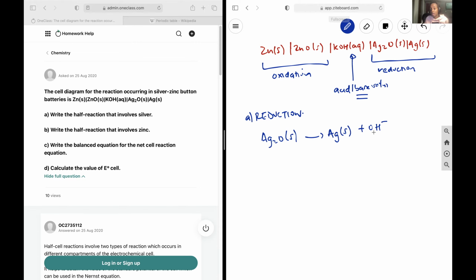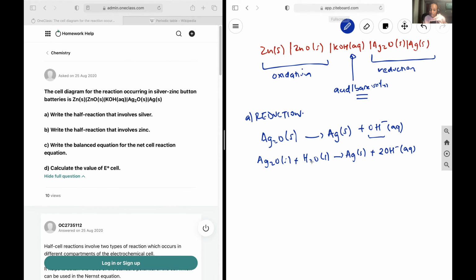Next up, we'd like to balance our hydrogens. And so we see that we have one H here, but no H on the other side. And so we'd add H2O. And then we're going to multiply this by 2 because here we have 2 in the H2O. And so 2OH minus in aqueous solution.